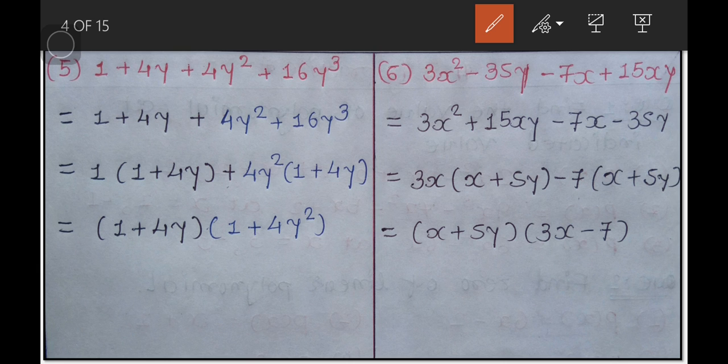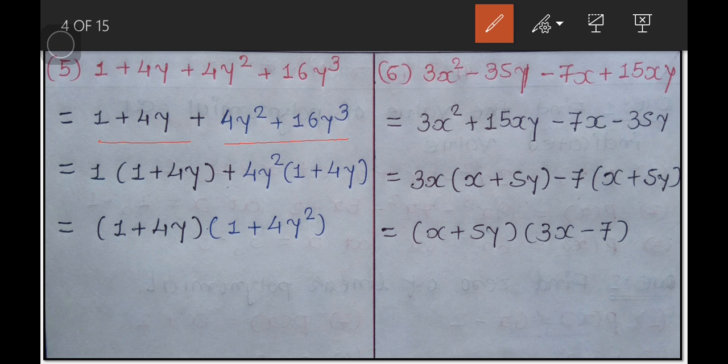So in example number 5, we put 4 plus 1 plus 4y in one group, and plus 4y² plus 16y³ in a second group.